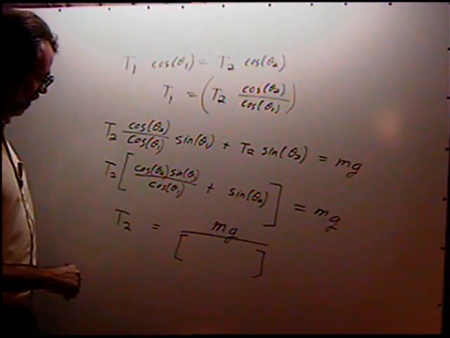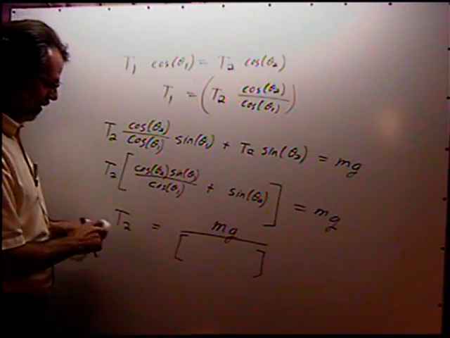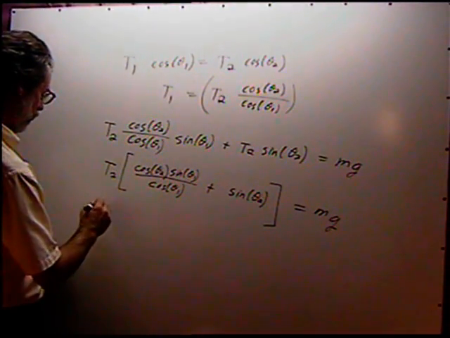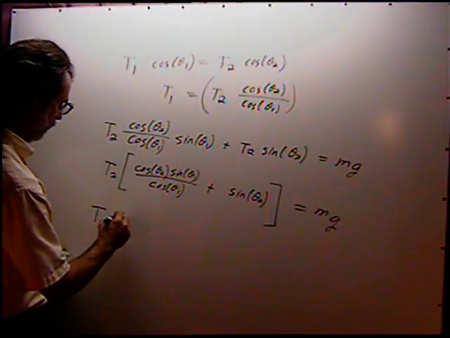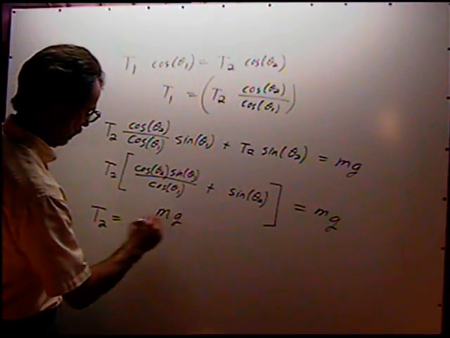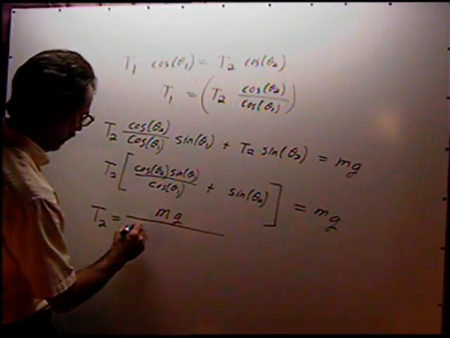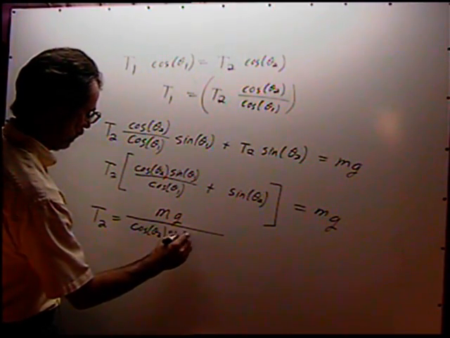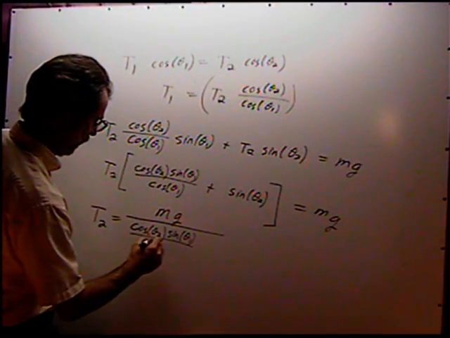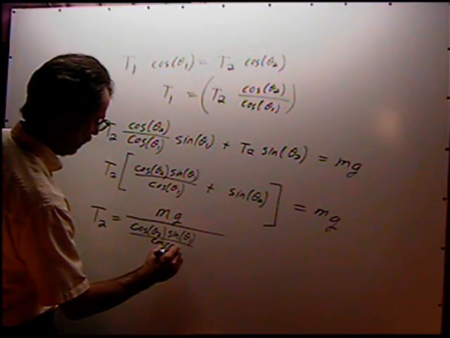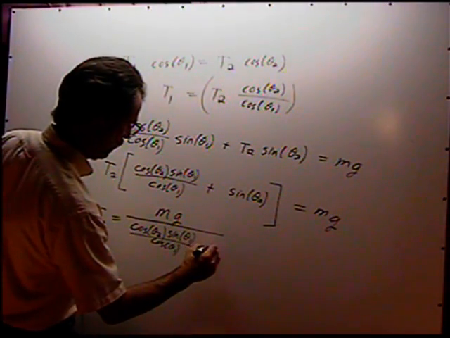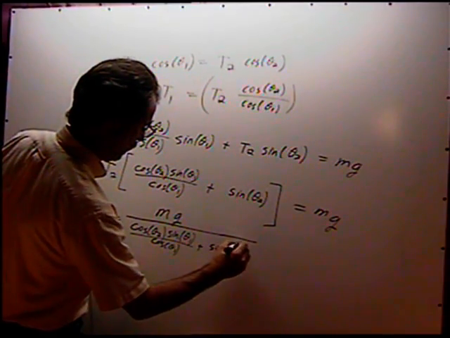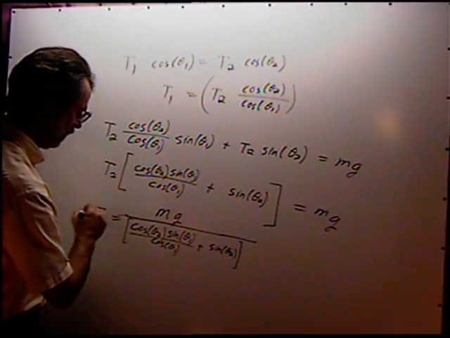In fact, just for completeness, I will go ahead and write it out. Cosine theta 2 sine theta 1 over cosine theta 1, plus sine theta 2. That's all added together like that.